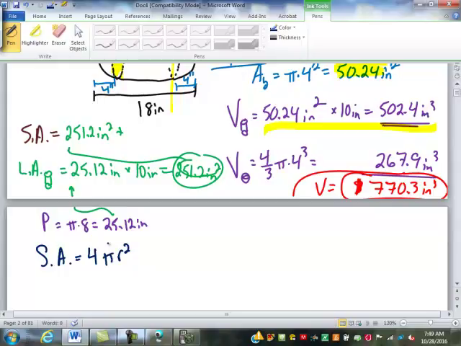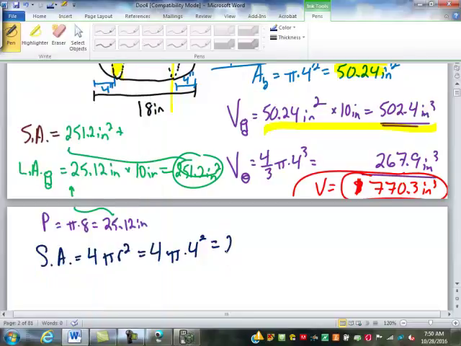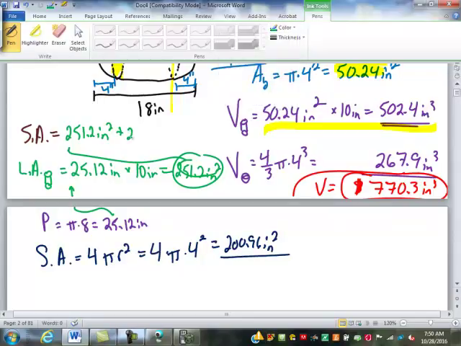So we're going to have 4 times pi times 4 squared, which gives us 200.96 inches squared. That is our other ingredient of our surface area. So that gives a total of 452.16 square inches of surface area. Anybody get that?